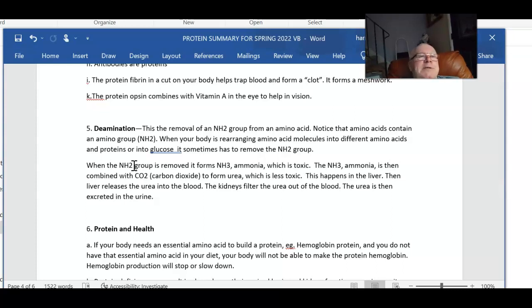And it deaminates the amino acids, forms ammonia, which is toxic, combines the ammonia with CO2, carbon dioxide, to form urea, which is less toxic. And this happens in the liver, and the liver releases the urea into the blood. The blood goes to the kidneys. The kidneys filter out the urea, and the urea is excreted in your urine.